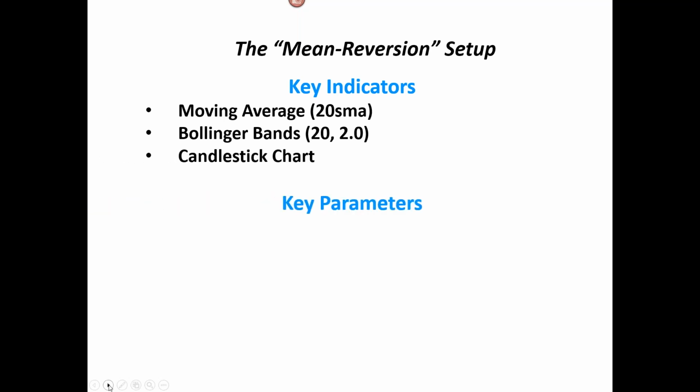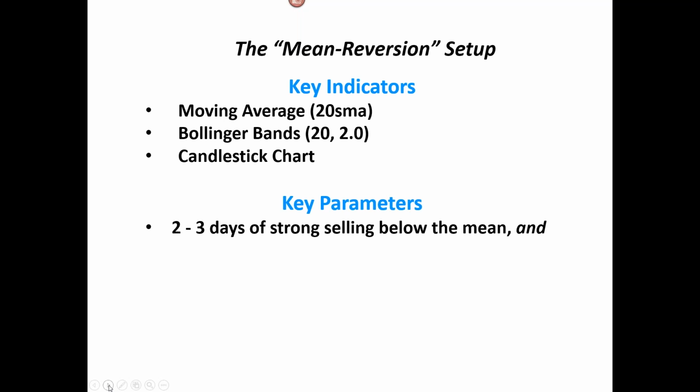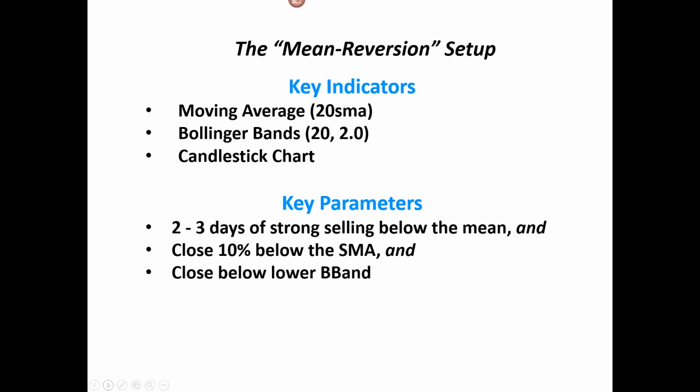And the key parameters in general are, we're looking for 2 to 3 days of strong selling below the mean, below the moving average, and a close at least 10% below the 20-period simple moving average, and it closed below the lower Bollinger Band. And keep in mind, these are all the mean reversion setup parameters for the long version of the system. If you're trading the short version, these would be reversed.